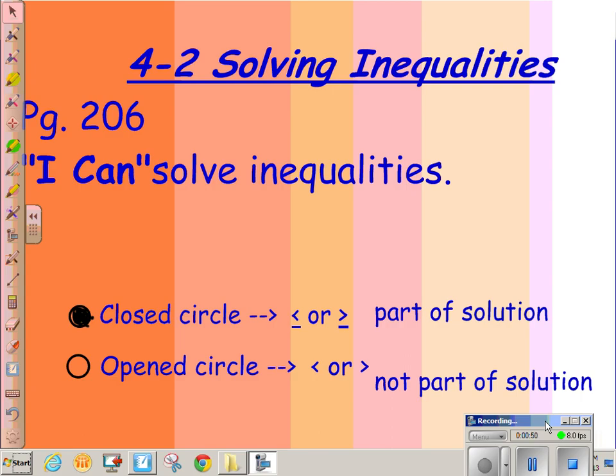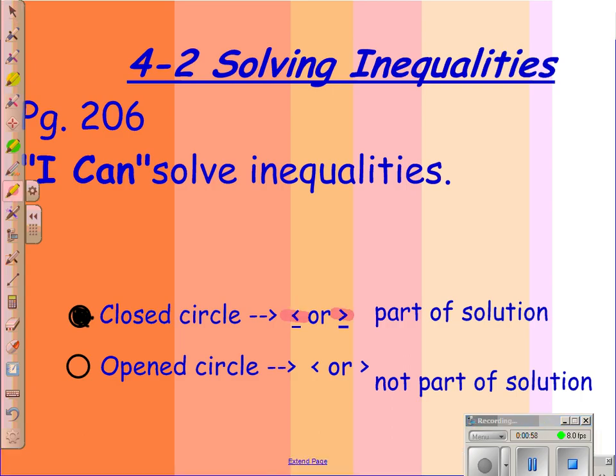When you're graphing, just a couple of reminders: a closed circle is going to be less than or equal to, or greater than or equal to. In other words, that number is part of the solution. So when you see the equal sign underneath, that tells us it is part of the solution, and if you were graphing, you would want to make that a closed circle.